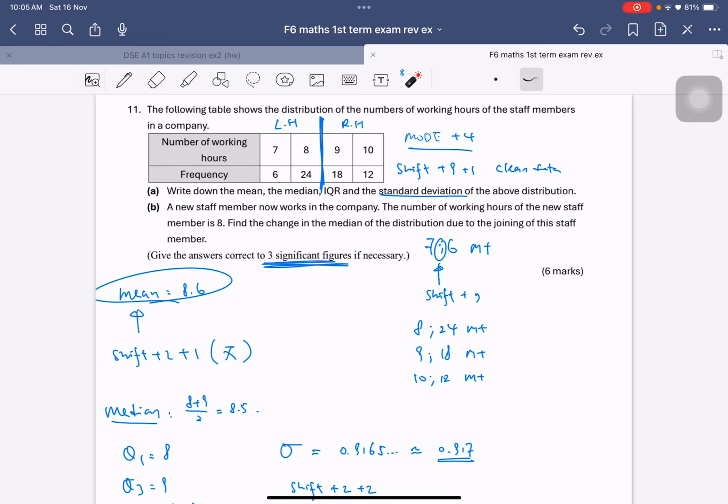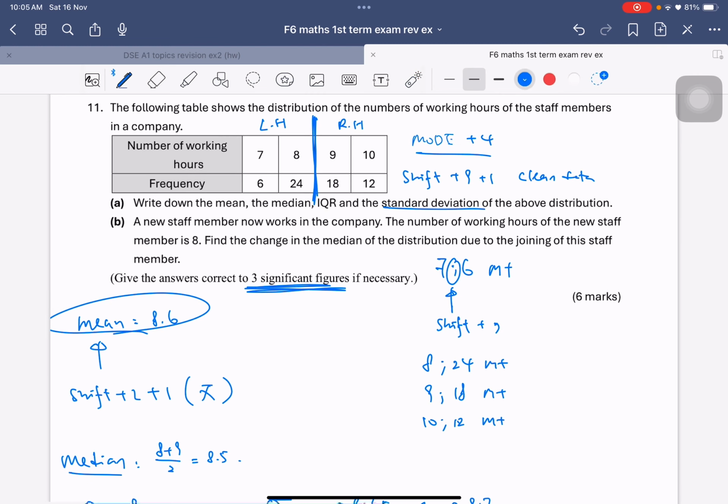So now a new staff member works in the company. The number of working hours of this new staff member is 8. So the 31st data is going to be 8. So find the change. The change means using the new minus the old in the median.